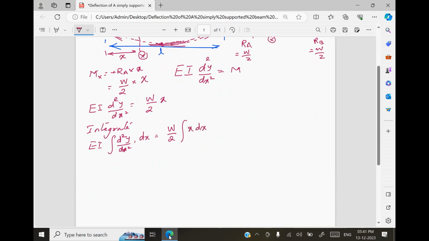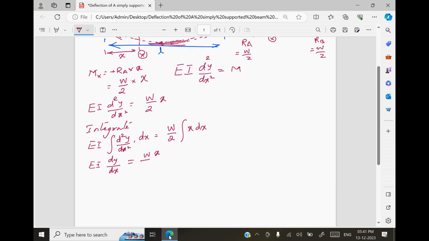So EI into dy by dx is equal to W by 2 into the integral of x dx, which is x square by 2, so x square by 2 into 2, this will become 4, plus C1, let us say.